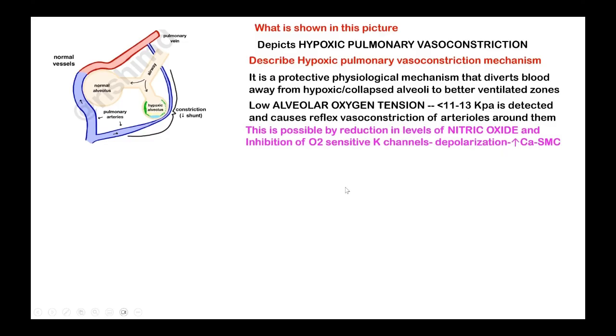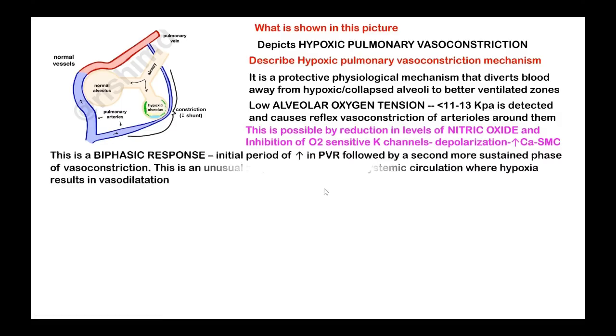That is how the vessels go into constriction. This is a biphasic response: an initial period of increase in pulmonary vascular resistance, followed by a second, more sustained phase of vasoconstriction. This is an unusual response compared to systemic circulation, where hypoxemia results in vasodilatation to deliver more oxygen to the tissues.